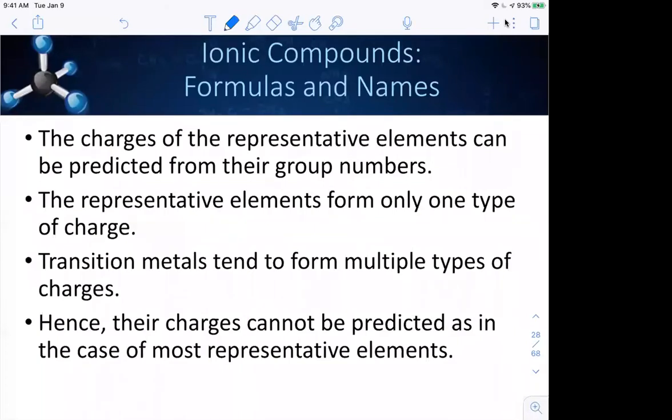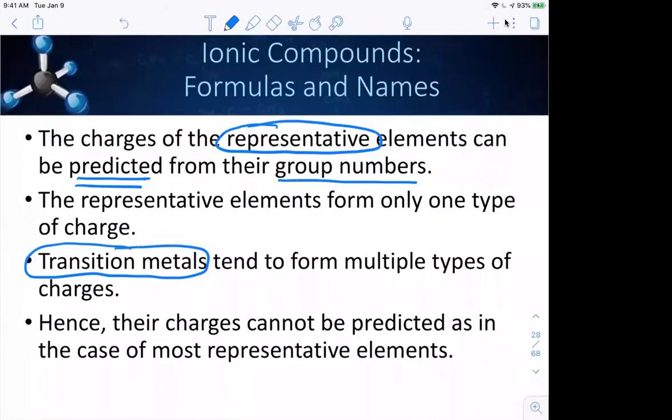Now, when I look at representative or main group elements, remember I can predict their charge from their group numbers. Representative elements only form one type of charge. Remember my transition metals, those elements in the middle, will form multiple types of charges, so they are not predictable like the representative elements.